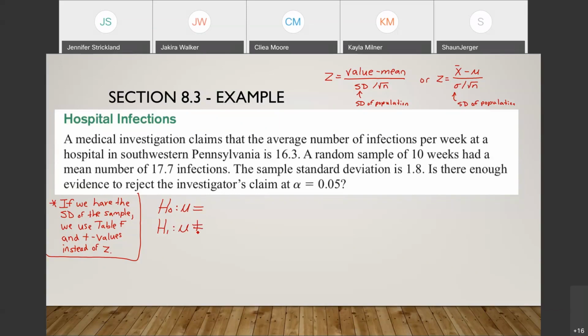Okay, and then what number do we want to use? 16.3. All right, and I'm coming right from that first sentence where it says a medical investigation claims. Okay, so we'll need that just a minute. Claims that the average number of infections is 16.3.